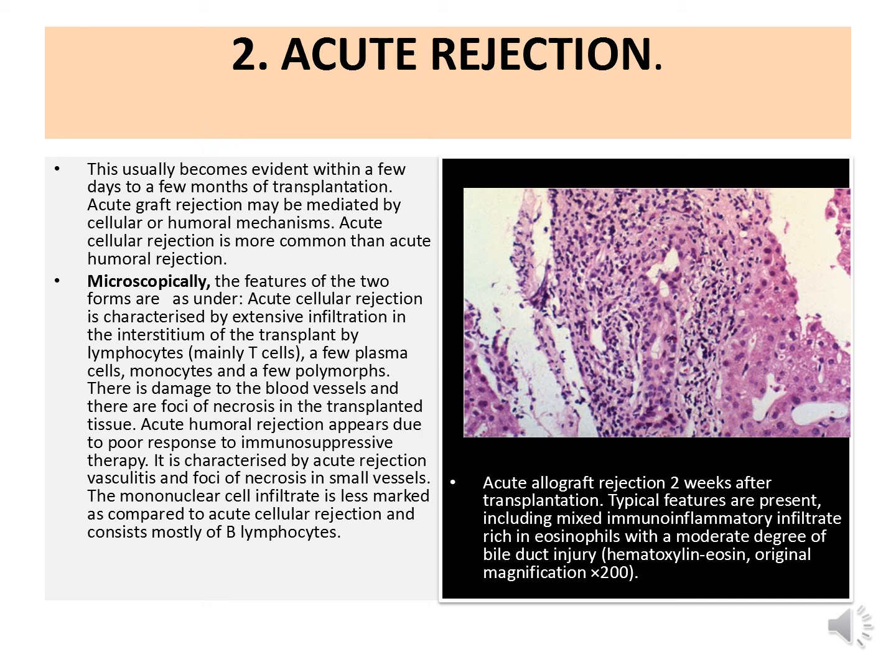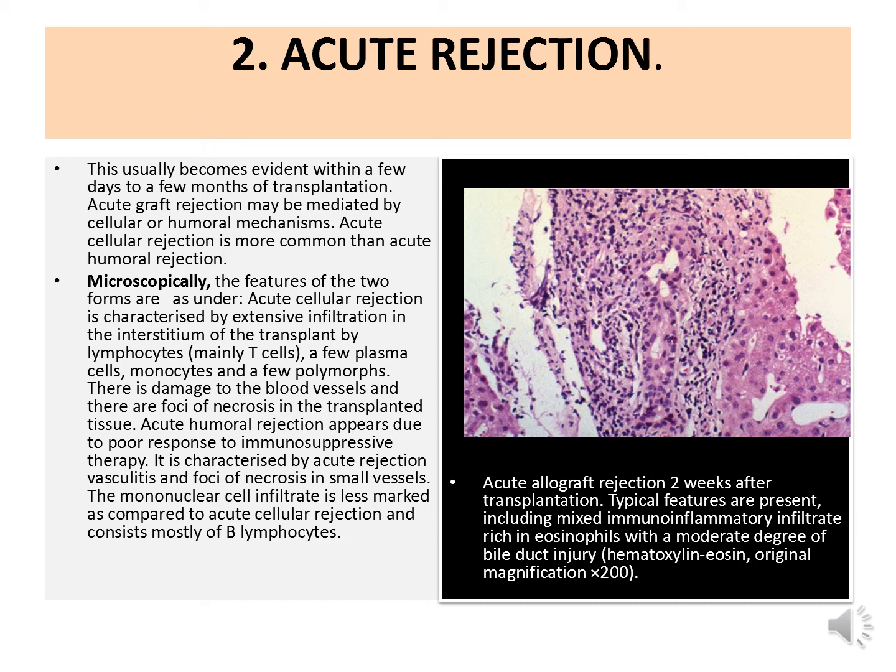The first one, acute cellular rejection, is characterized by extensive infiltration in the interstitium of the transplant by lymphocytes, mainly T cells, and a few plasma cells, monocytes, and polymorphs. There is damage to the blood vessels and there are foci of necrosis in the transplanted tissue.